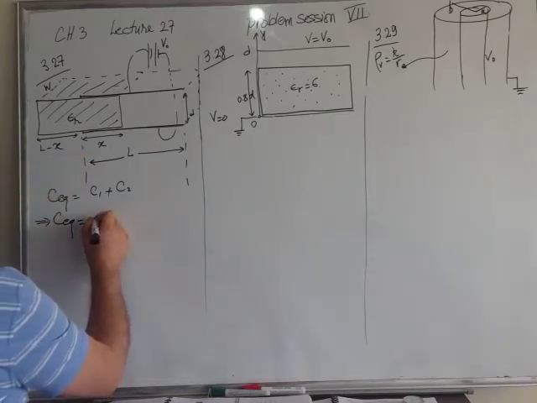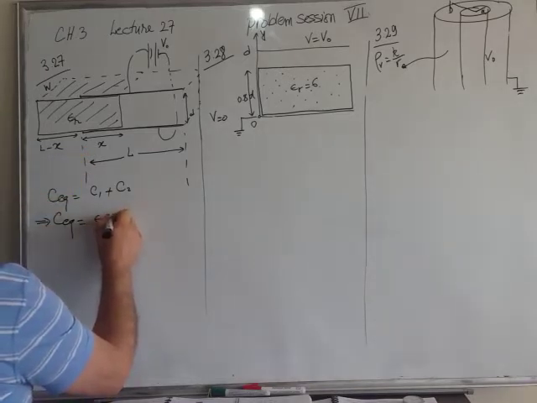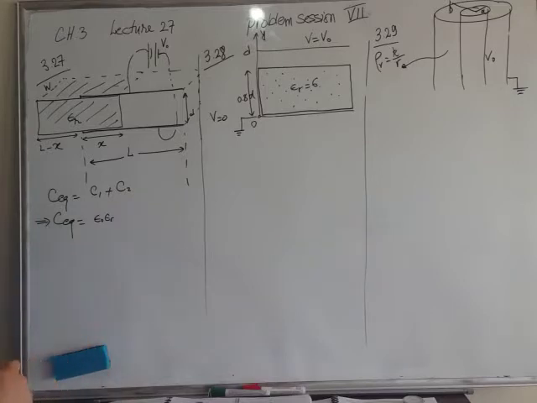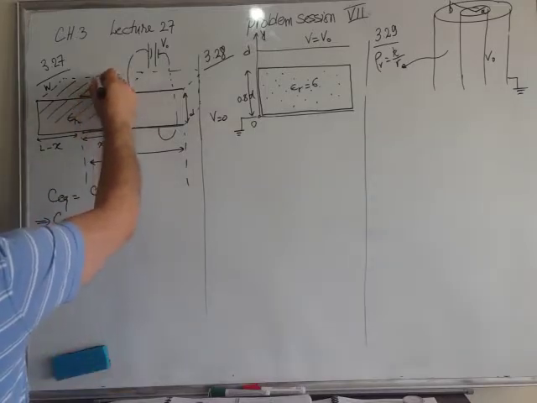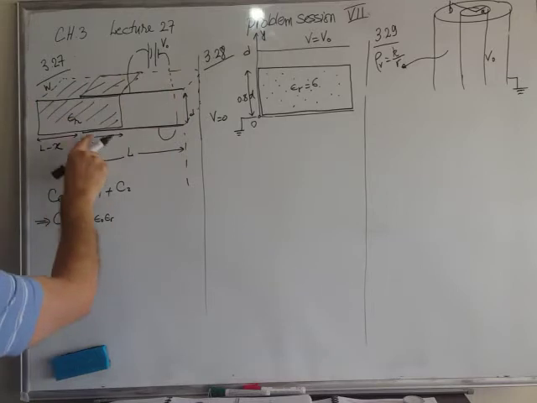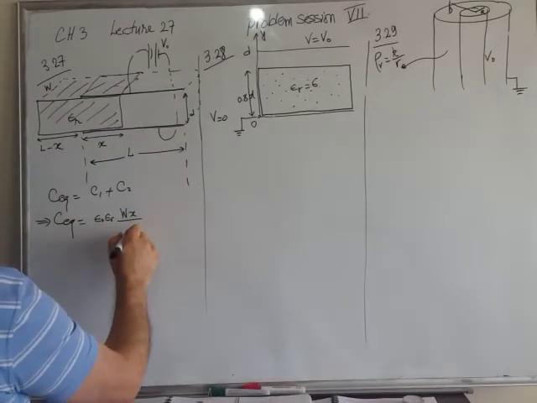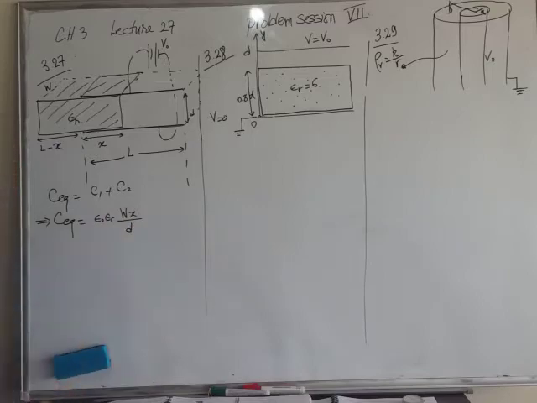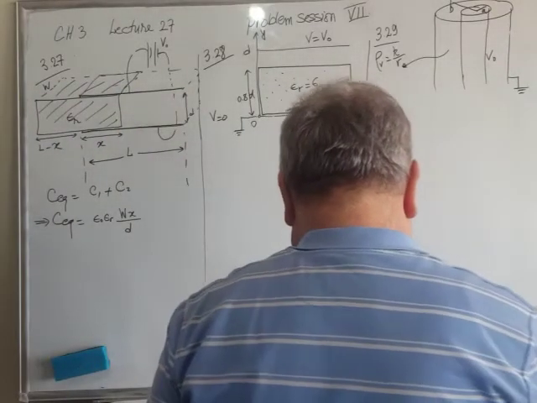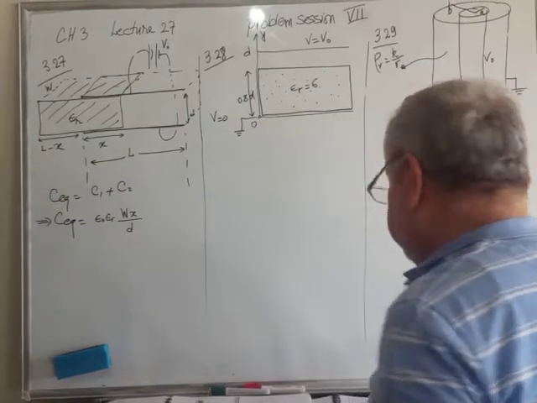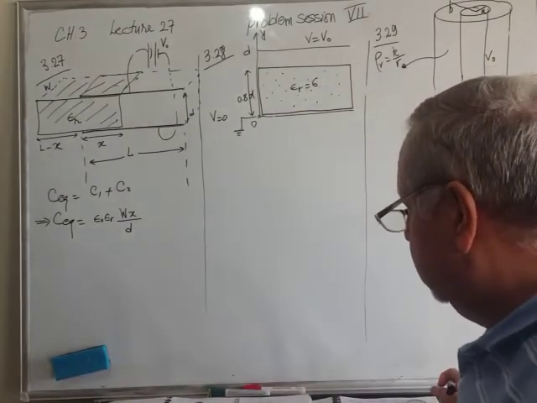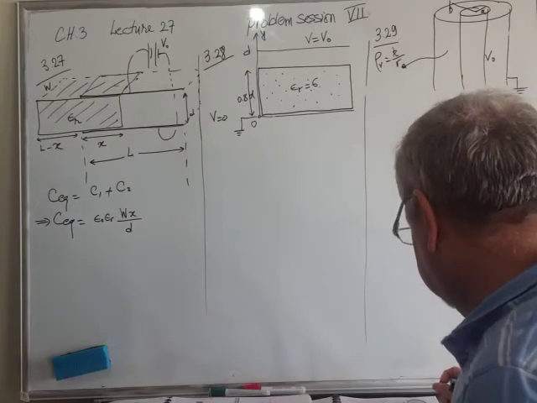It is epsilon, which is epsilon 0 epsilon r, times the area. Now the area is this one, it is W times x, over the separation D: epsilon A over D. That is the first capacitance, of the dielectric one.